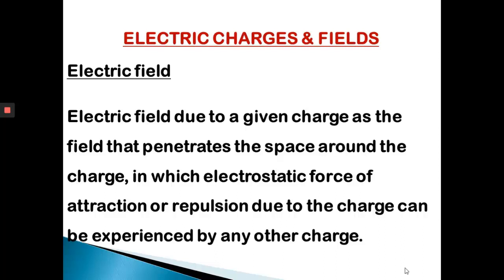That means if one charge is there, the effect of that charge around its region is that another charge can be attracted or repelled. That region around the given charge is called an electric field.